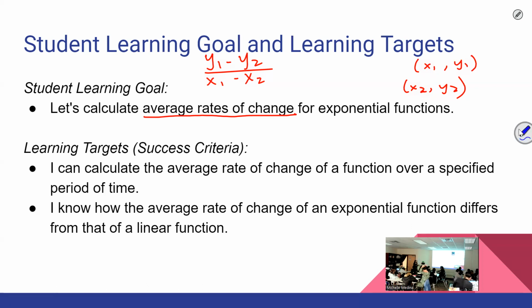Another part of this, how the average rate of change of an exponential function differs from that of a linear function. First of all, what do the graphs for exponential functions look like? Okay, so if I copy that, something like that. What's another way it could look like?